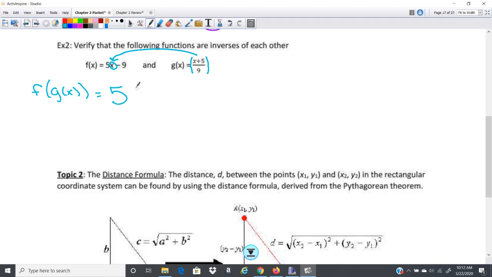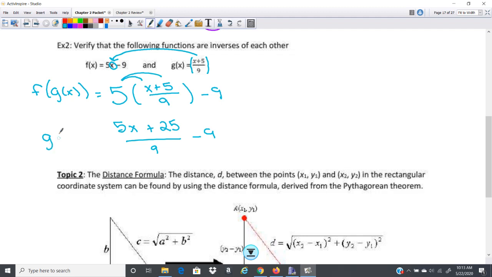So 5 times (x plus 5) over 9 minus 9. Now that's not going to cancel, so let's see. This 5 will distribute to the top: 5x plus 25 over 9 minus 9. All right, I can see enough from there. That's not going to become x for f of g of x.